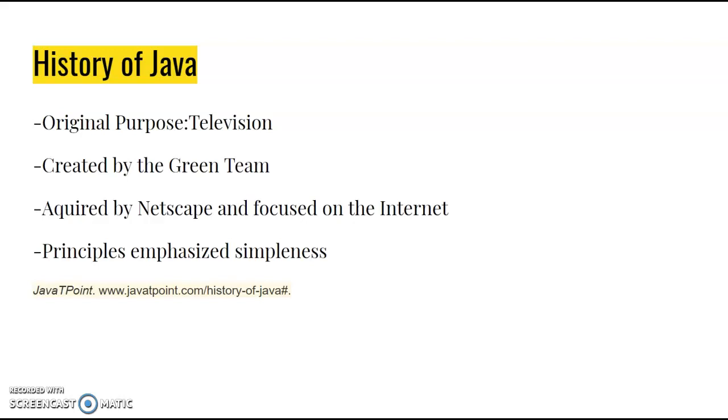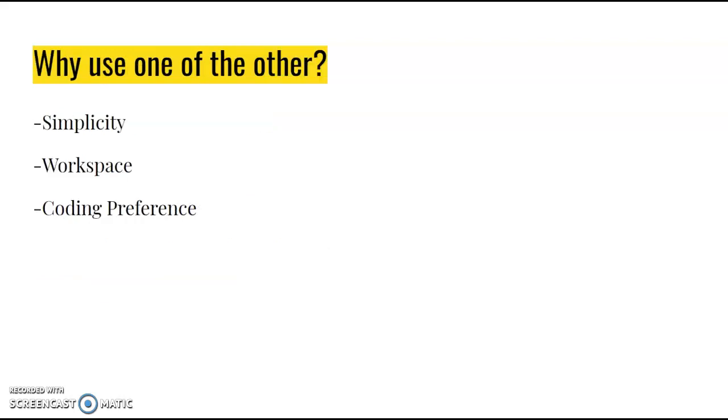Over time it switched from focusing on television to focusing on the internet. After it got acquired by Netscape, it pretty much boomed from there. Some of its principles emphasize simplicity.